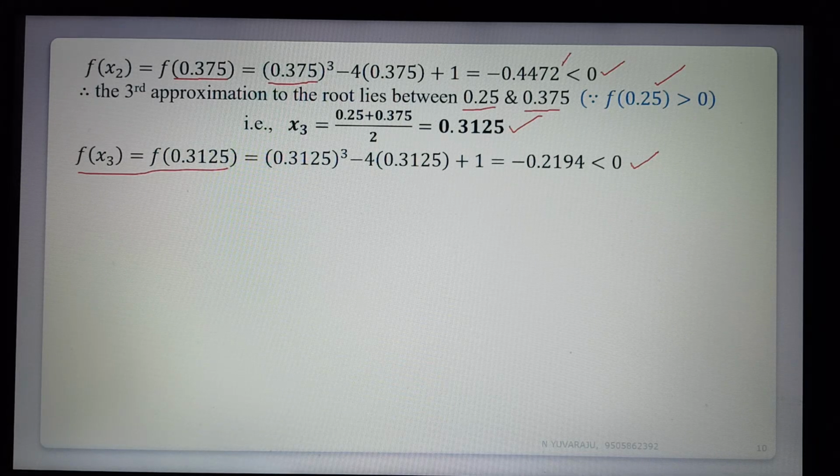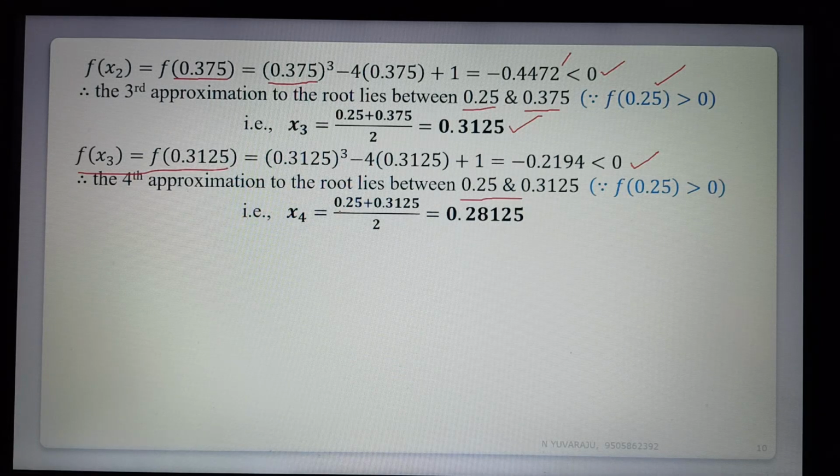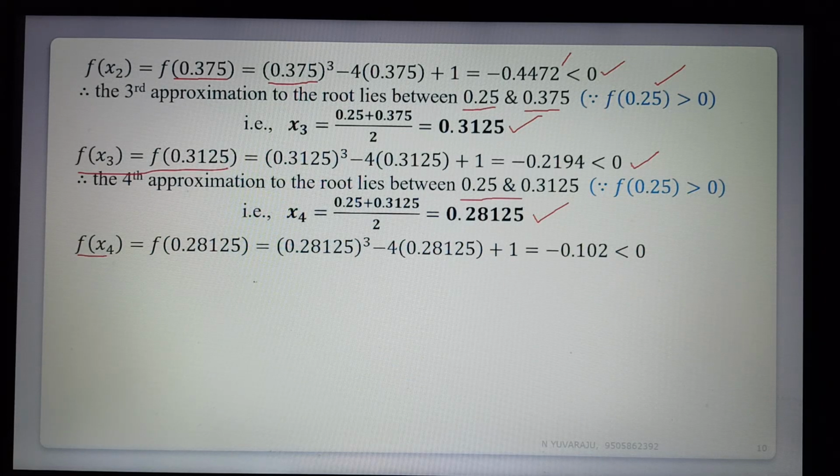The fourth approximation lies between 0.25 and 0.3125, that is x4 is equal to 0.25 plus 0.3125 by 2. Is this also the root or not, verification, substituting in the given equation, f of x4. Okay? Substituting we get minus 0.102, a negative and non-zero. So the next approximation lies between the previous positive value 0.25.